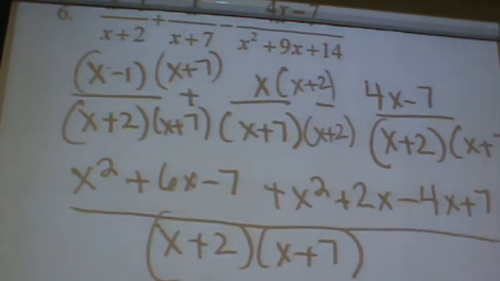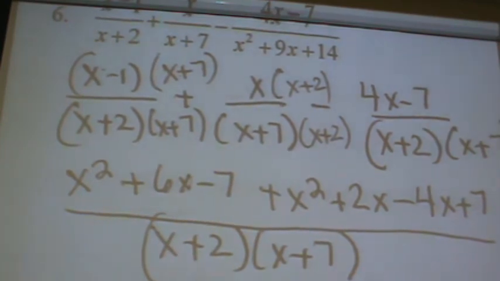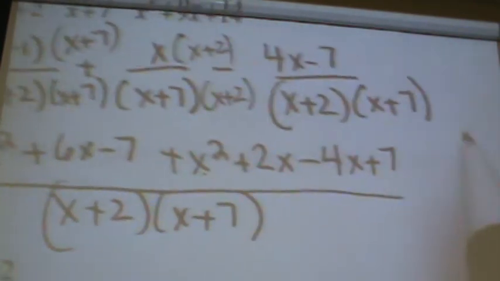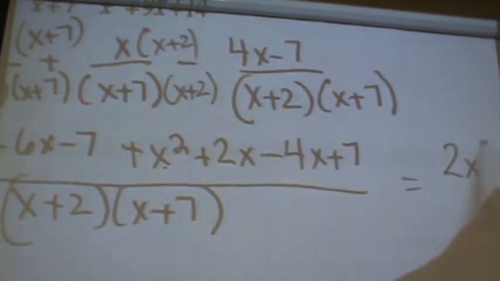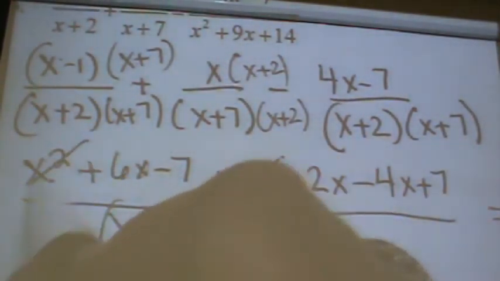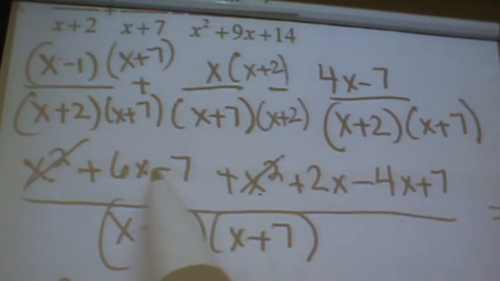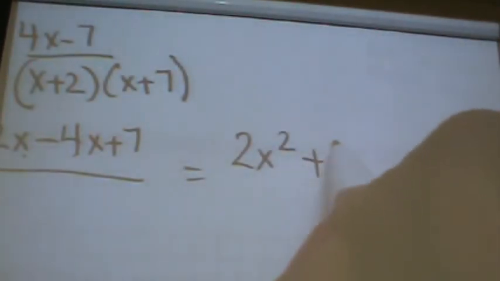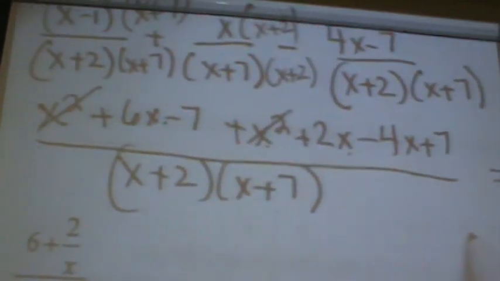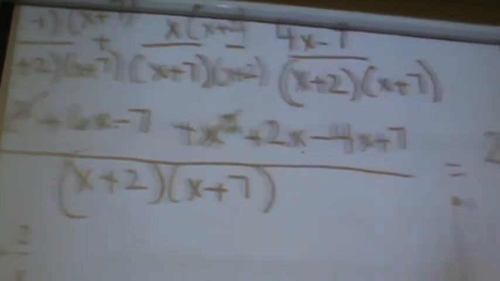So what goes together in the numerator? x squared, 2x squared. How about the x's? It's going to give you 8x minus 4x is 4x. And the 7's cancel.